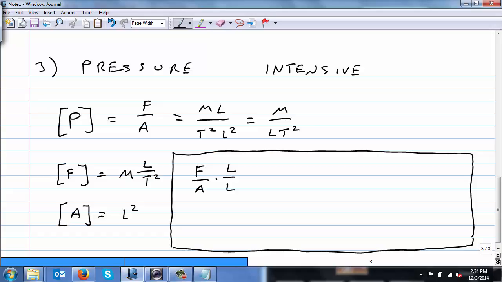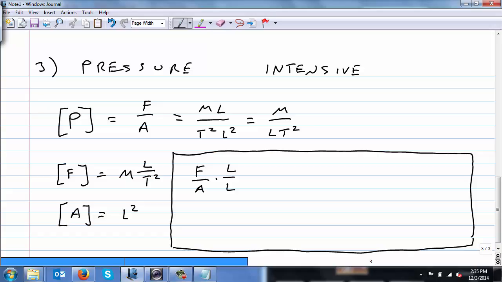Velocity is just length per time. If that were the case, then force would have to be 1 over time, which it's not. This is actually very, very critical. I know we covered this in 101. I know it's been a long time, but force times length. How do I get that guy across?